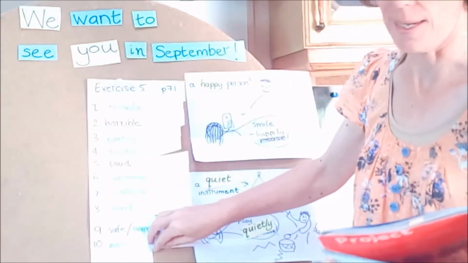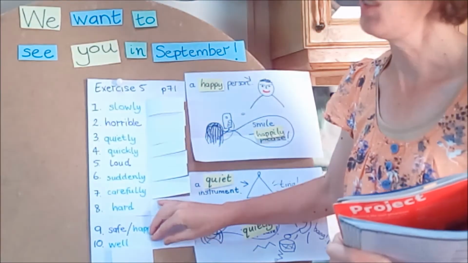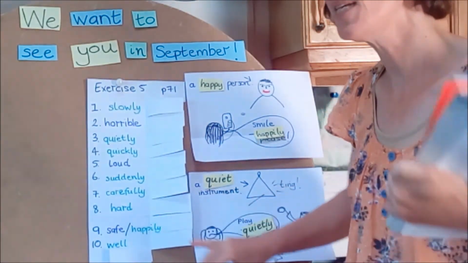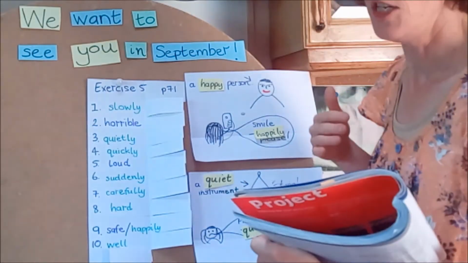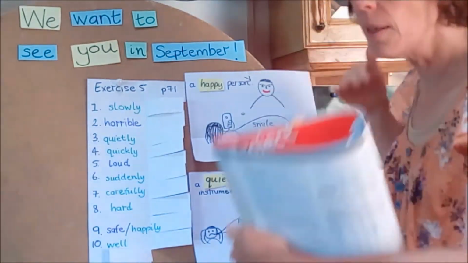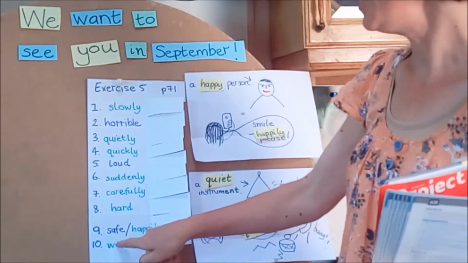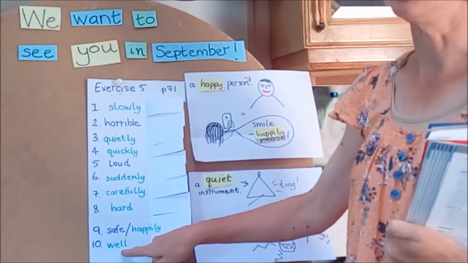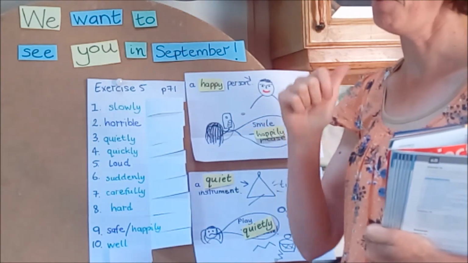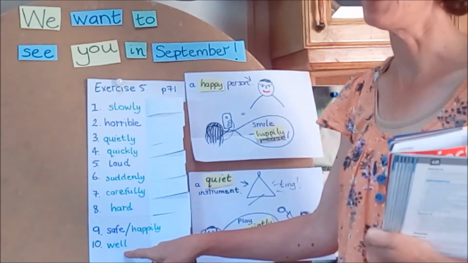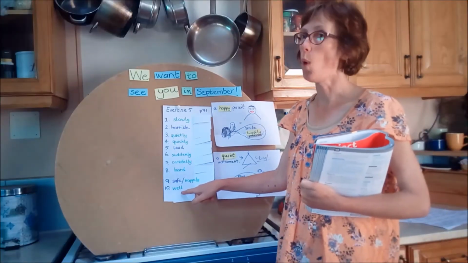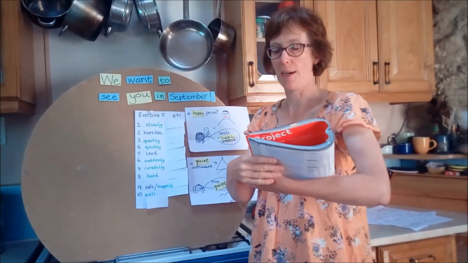And number 10 is not good. When we describe an action, Chelsea can swim. The action, she can swim well. Remember, that's a bit difficult because it's very different. We change good to well for an action.